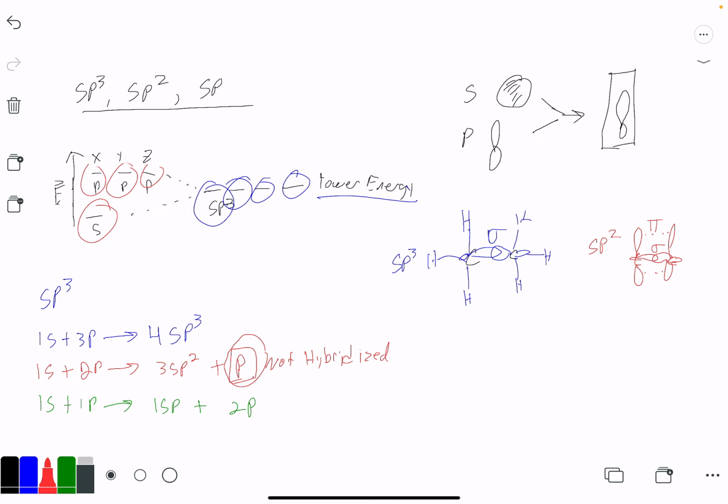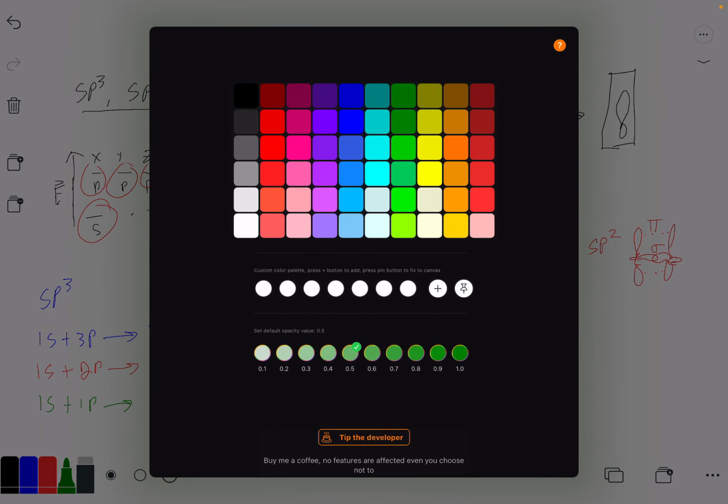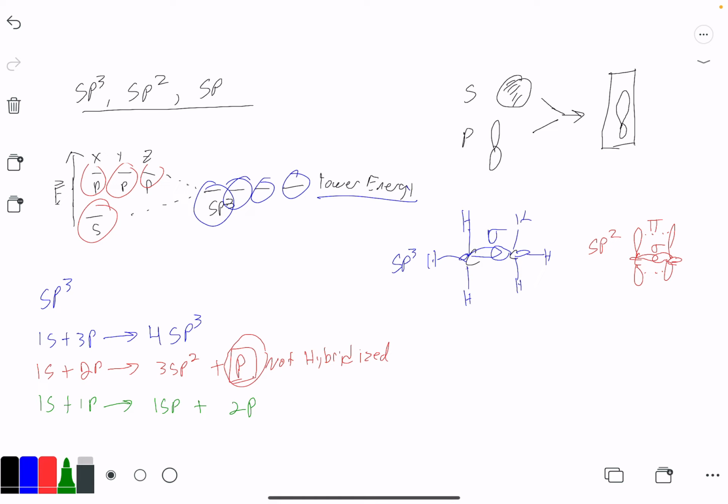Now let's talk about sp. So for sp, here we have our sigma bond. We'd also have an extra p orbital, so there's our pi bond.